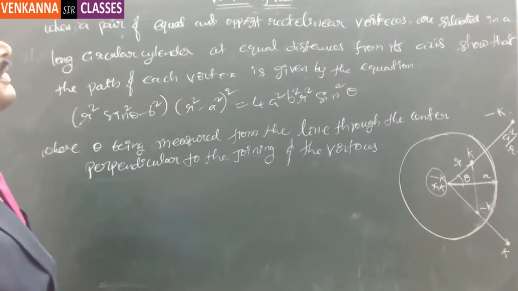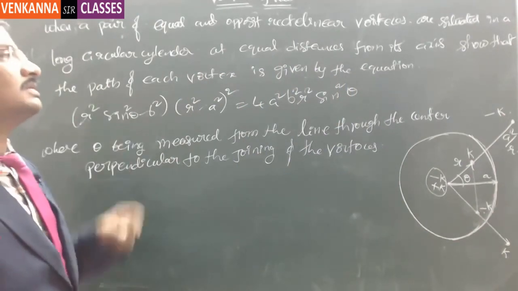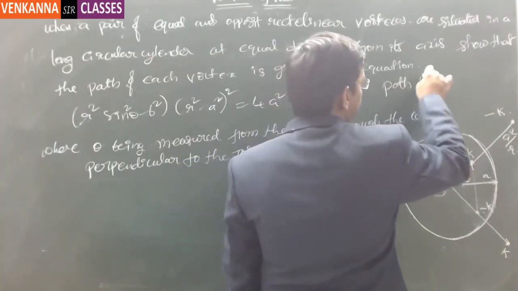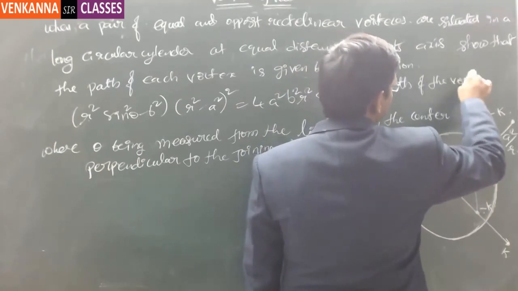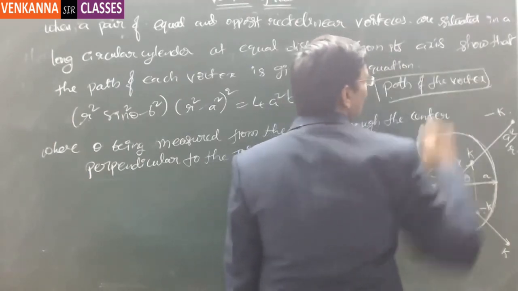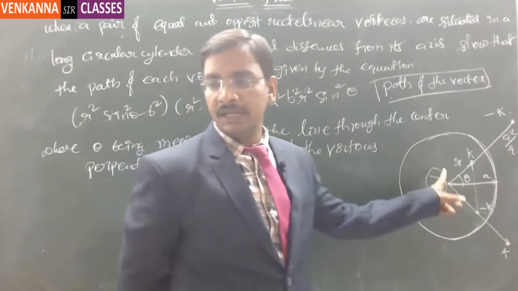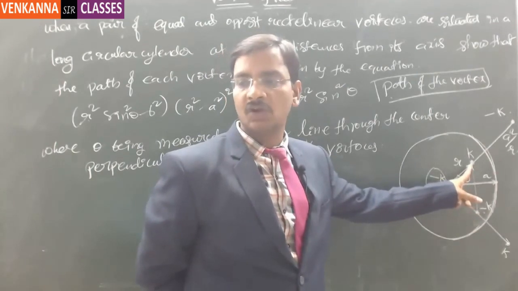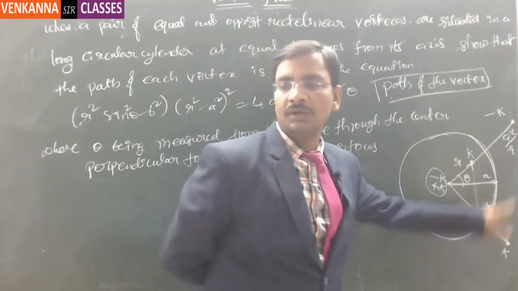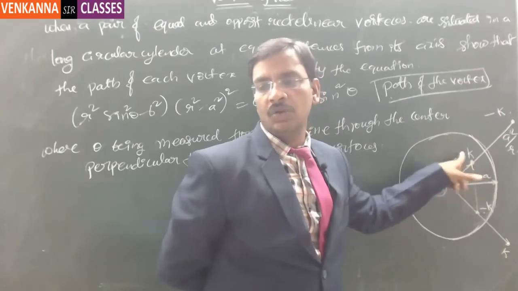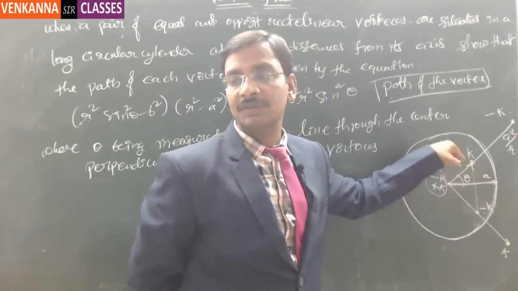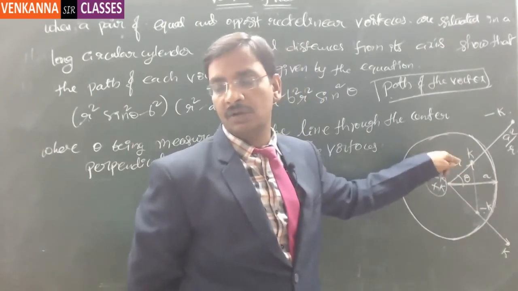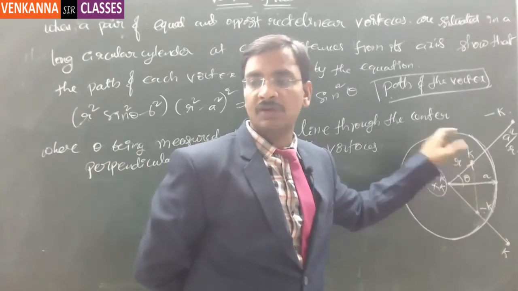And then what he has given is to show that the path of each vortex is given by this equation. By path of the vortex we mean you have to find the complex potential at any one vortex. Suppose you take this as the location, you have to consider the effect of the complex potentials of this one and this one, but not this one, because you are trying to find the velocity of the vortex itself. That means the fluid particle present at this particular vortex, where this vortex will not have an effect on itself. Got it or not?